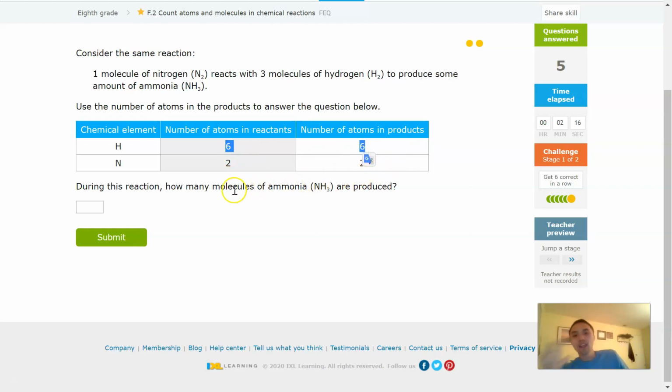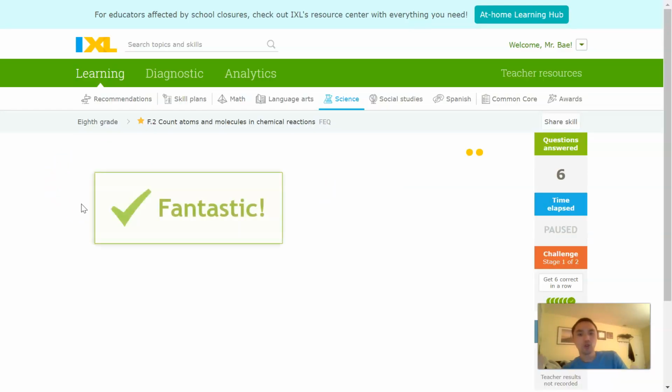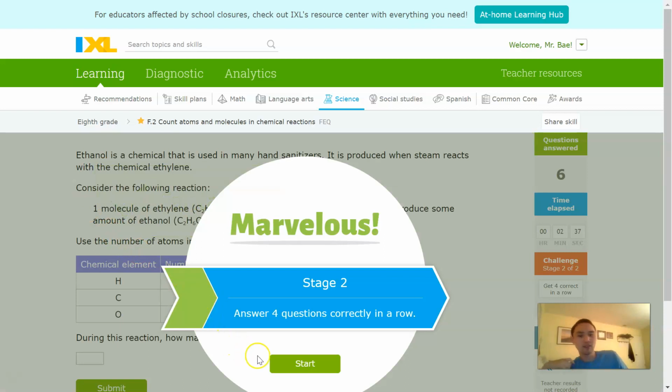In each molecule of ammonia, you have 3 atoms of H. So 6 H's divided by 3 atoms for each molecule of ammonia is equal to 2. So the amount of molecules of ammonia would be 2. And that's basically stage 1.